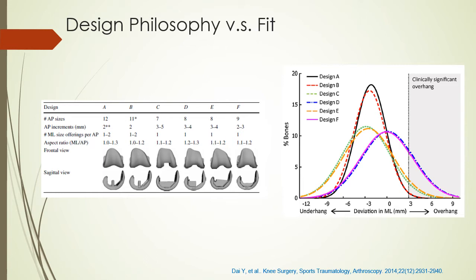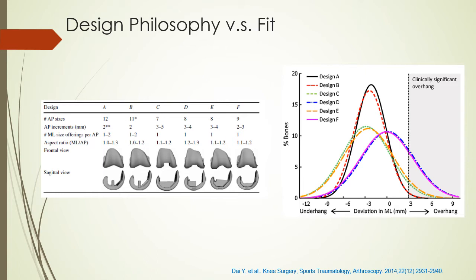The x-axis shows the fit of the implant. It's a patient-specific implant placement, and negative values mean the placed implant had underhang, and positive values indicate overhang of the implant. And as you can see, a very minimum percentage of bones using designs A and B, the multi-aspect ratio designs, fell in a over 3 millimeter overhang.